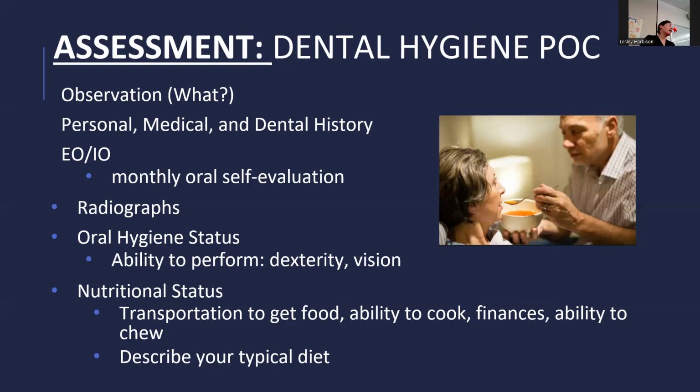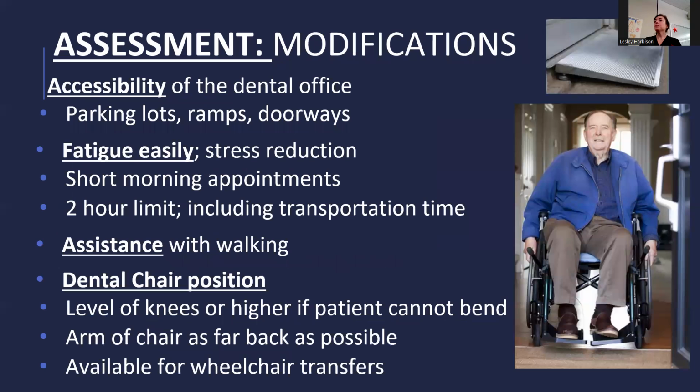Describe your typical diet. If they live alone and they're not cooking for anybody, nobody cooks for them. They're probably eating a lot of simple to prepare food, maybe quick carbohydrates and things like that. So you try to assess their dietary needs and what they're getting.